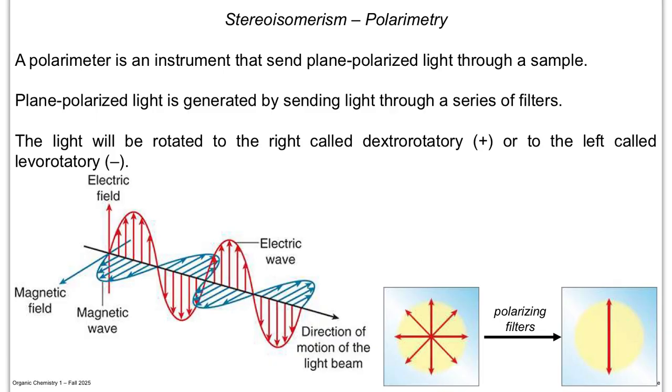So you filter out a light, it runs through a sample, and that light is going to tilt either to the left or to the right, clockwise or counterclockwise. Things that go to the right get the plus sign. That's called dextrorotatory, and it's given another symbol, a small cursive d. Things that go to the left are levorotatory, and they get the minus sign.